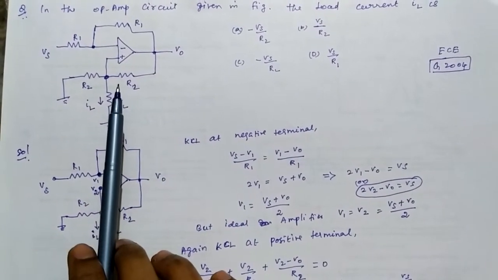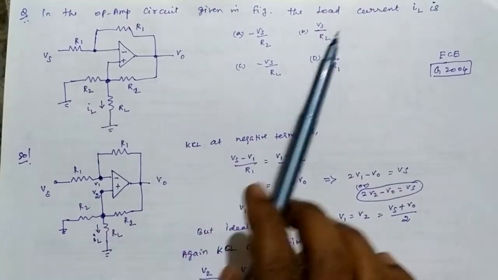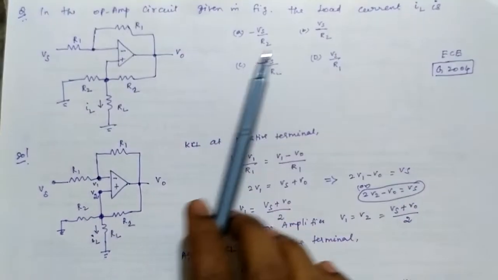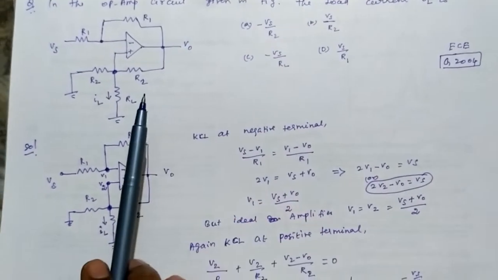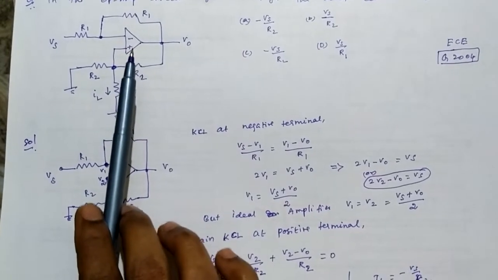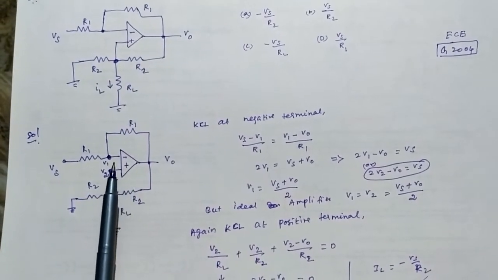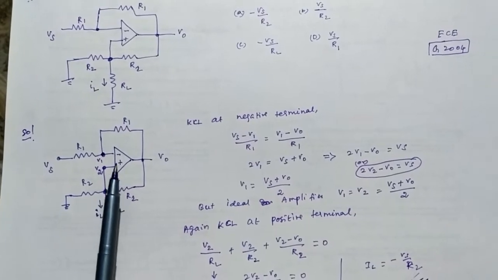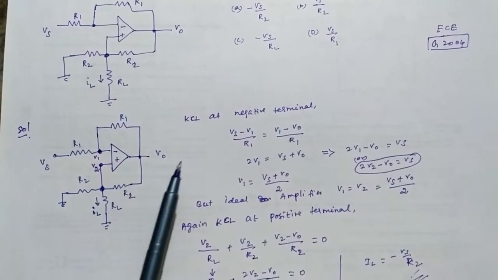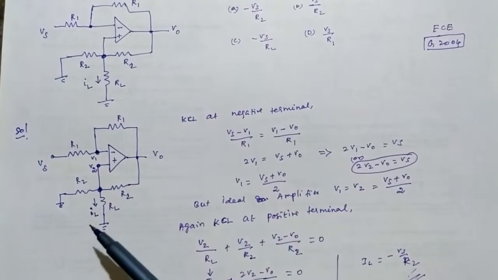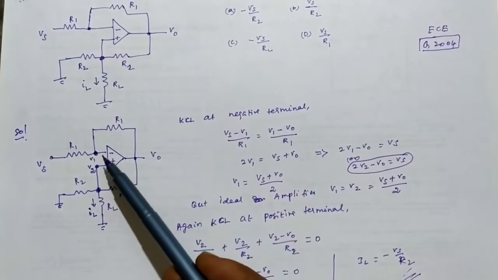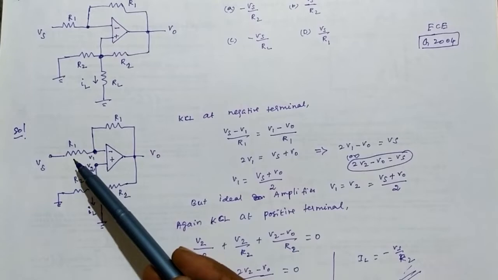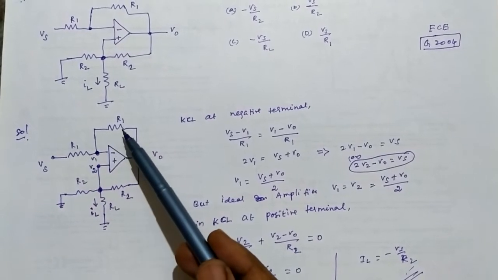For the given circuit, what is the load current? They are asking for the load current. The four choices are given. Once again we redraw the circuit like this. V1 and V2 are the voltages at the non-inverting and inverting terminals. At the negative terminal junction, the incoming current is equal to the outgoing current.